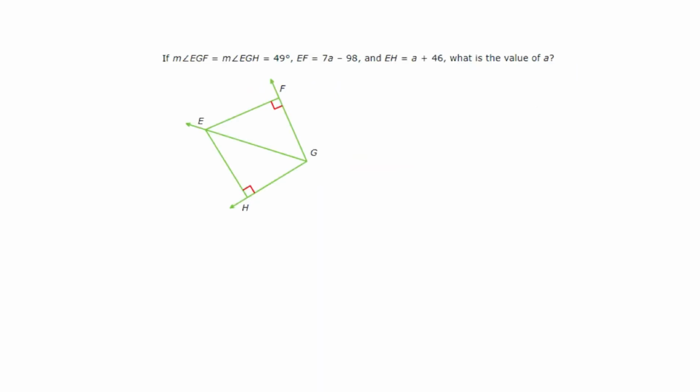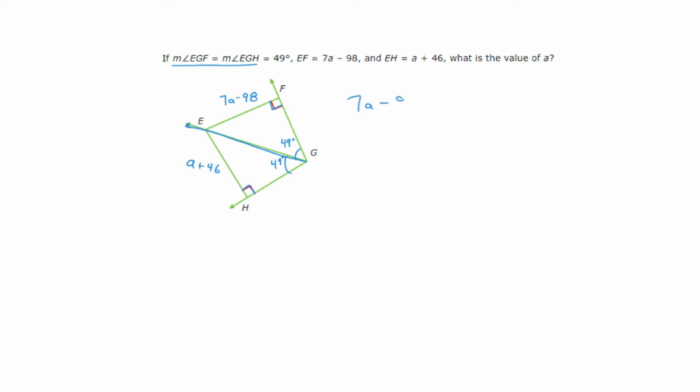Last but not least, I like this one because you're given that EGF is congruent to EGH. So these two angles are the same, both 49 degrees. Because now we know this is an angle bisector, and these two lines are perpendicular to that angle bisector, I could say EF, which is 7A minus 98, is equal to A plus 46, which is EH.